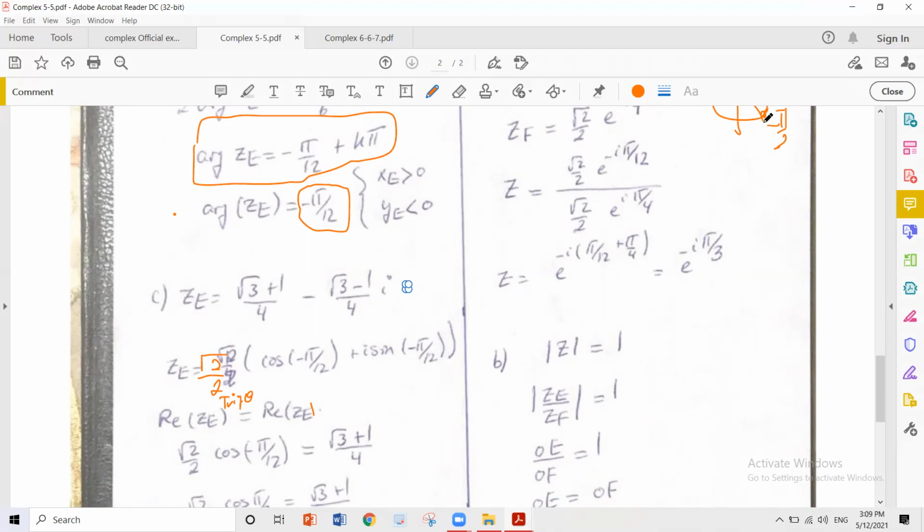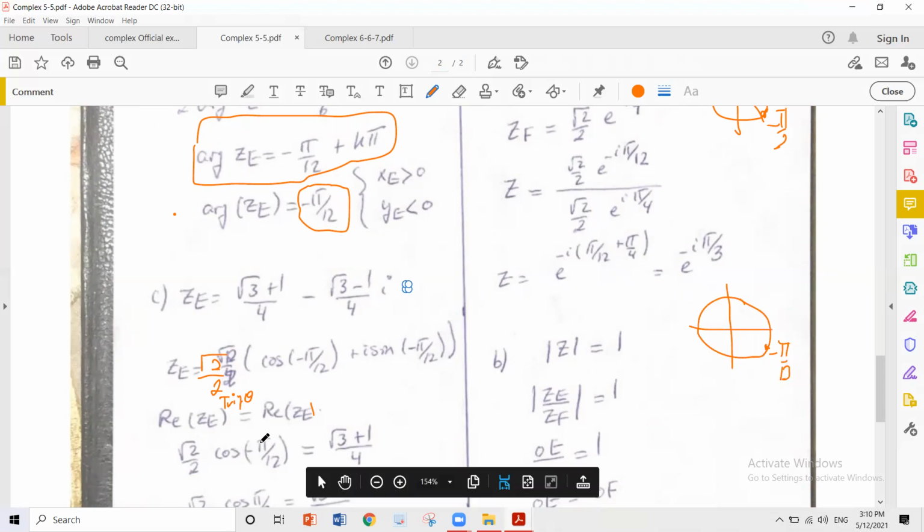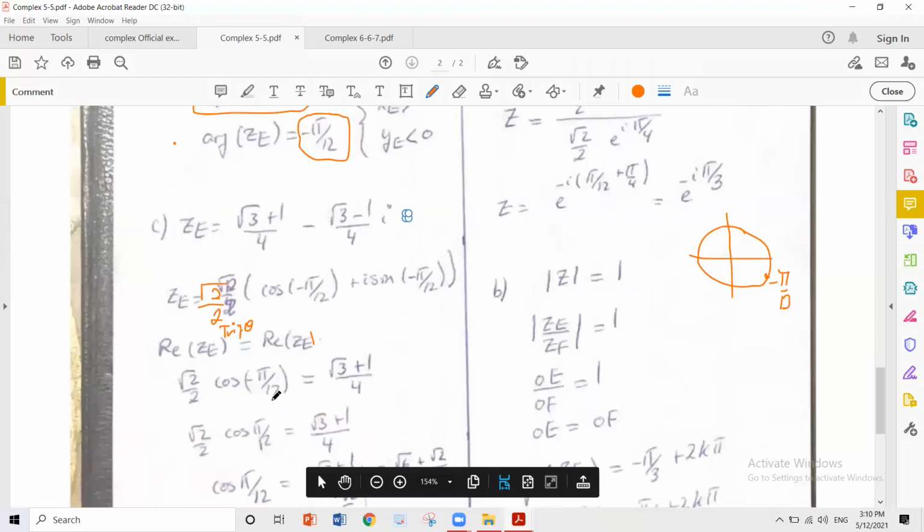Minus pi over 12 is in the fourth quadrant. The cosine is positive. Cosine minus pi over 12 is positive. So cosine minus pi over 12 is cosine pi over 12.